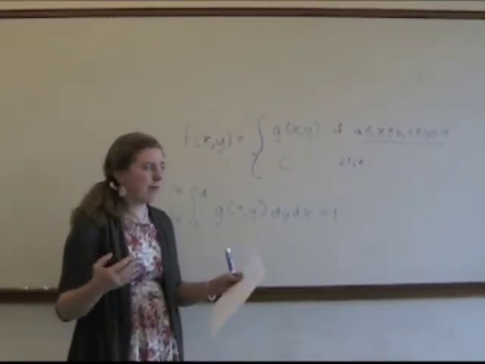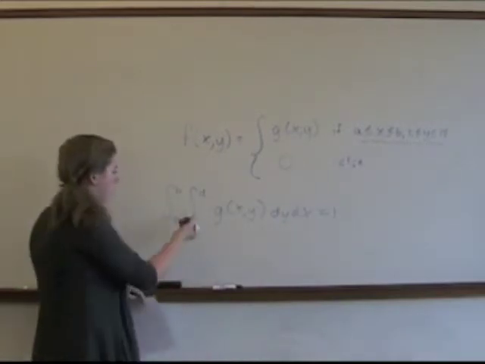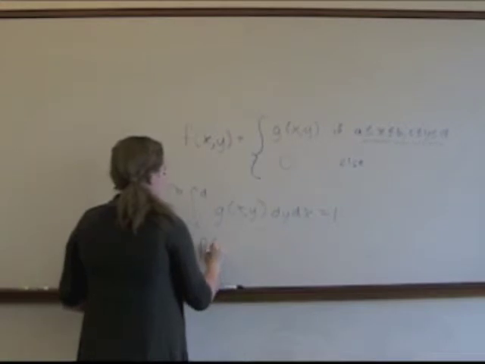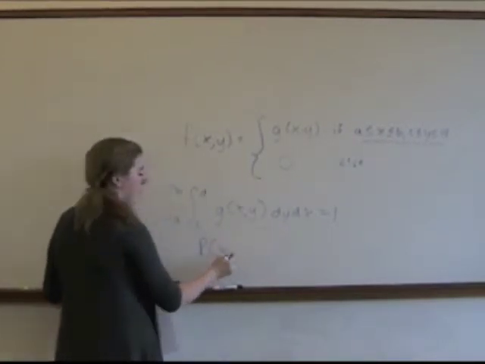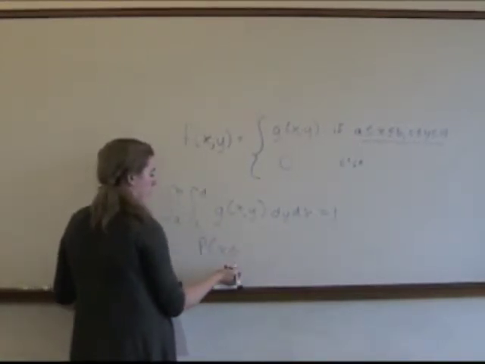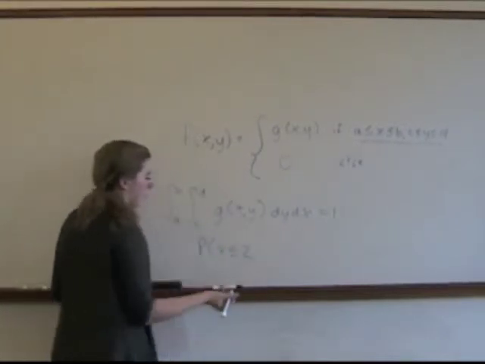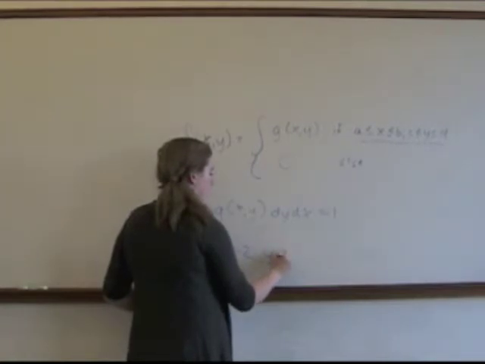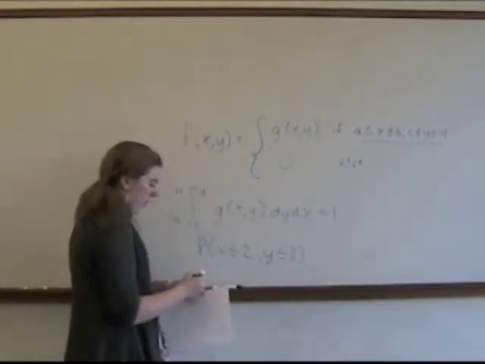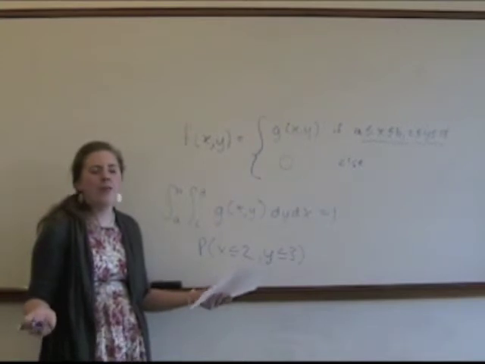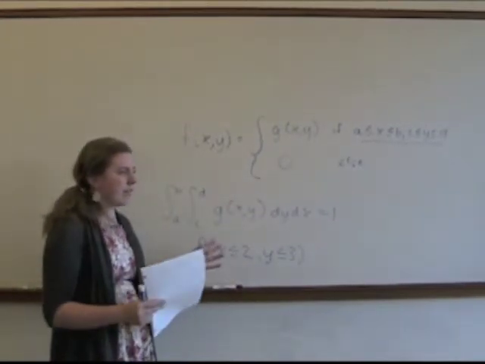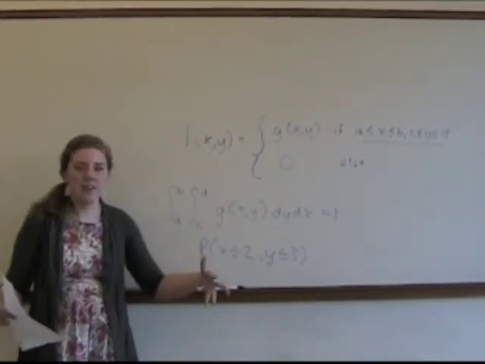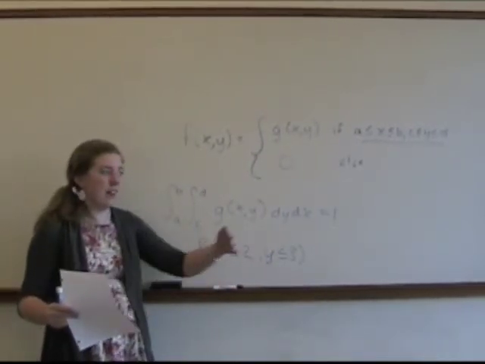Because if you wanted to find out for this generic thing, P, for probability, for x less than or equal to 2 and y less than or equal to 3, that's basically saying if we have a short distance to travel, what's the probability that we're going to make it there, and then we're going to make it to that next distance.